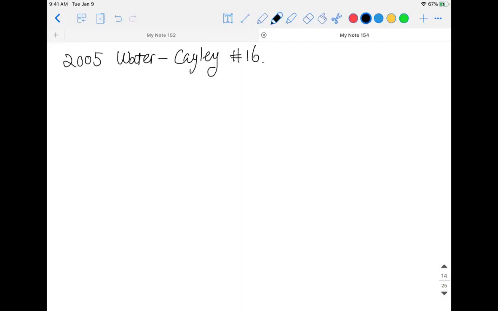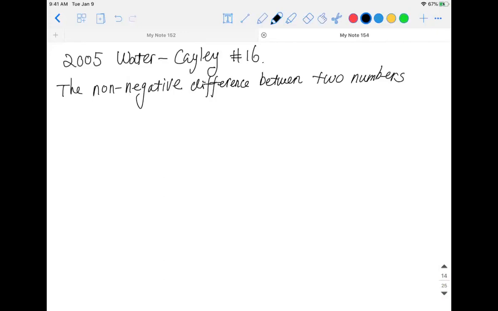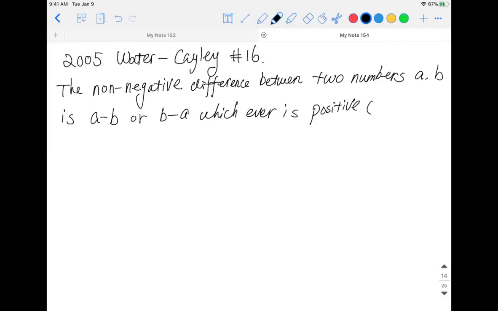The question says, the non-negative difference between two numbers A and B is either A minus B or B minus A, whichever is positive, or at least greater than or equal to 0.